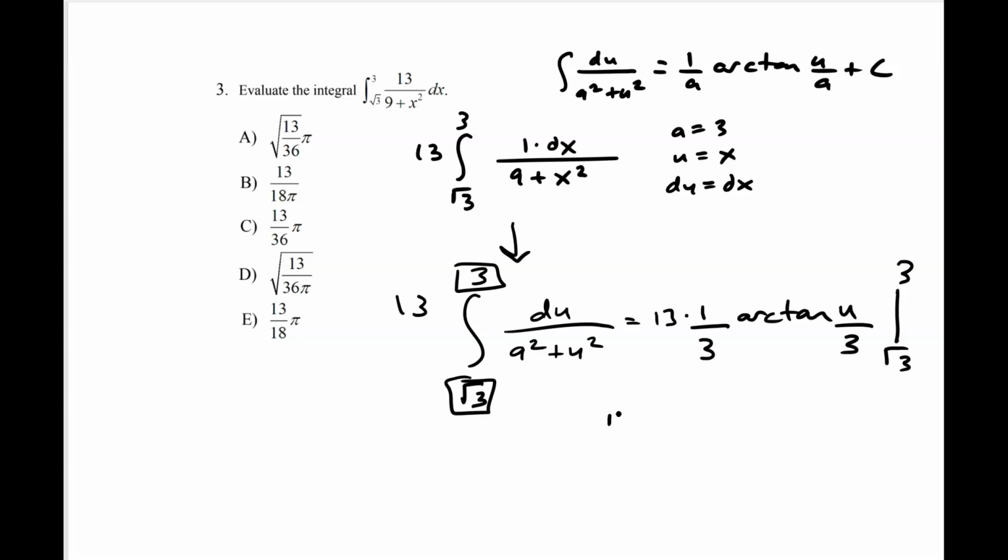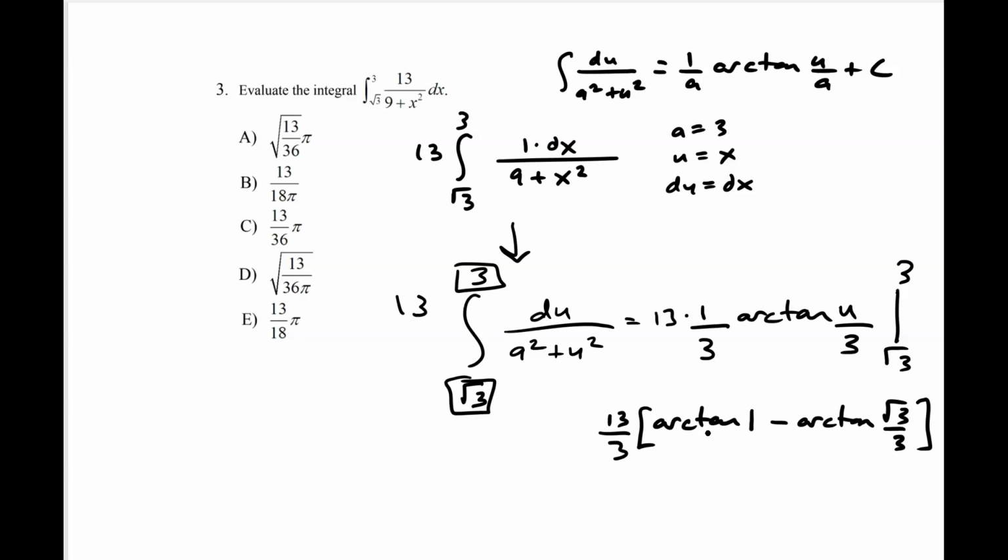So we end up with 13 thirds multiplied by the arctan of 3 over 3, so that's the arctan of 1, minus the arctan of root 3 over 3.